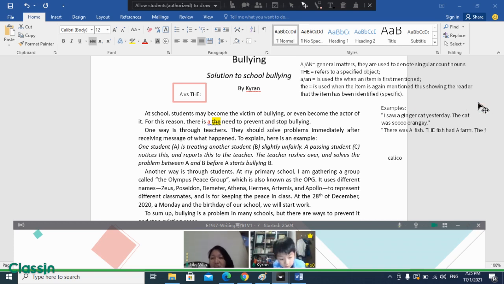I saw a ginger cat yesterday. There was a fish. The fish had a farm. Would you say a fish would own a farm, or would you say the fish had its own school?